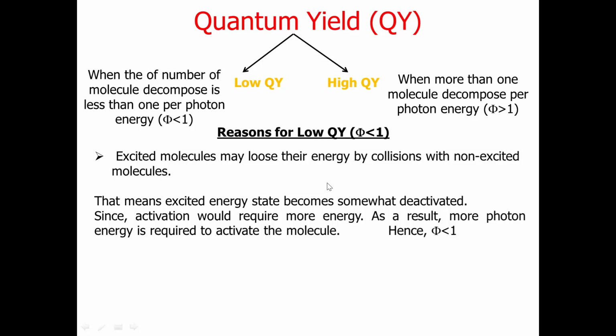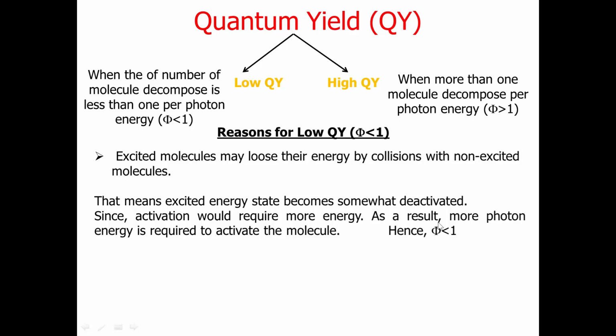As a result, more photons are required to activate the molecule. You can understand it this way: if in the excited state the molecule loses its energy, then it can be deactivated. When the molecule deactivates, it has to be activated again, so some energy must be provided, and all of you know that energy is in the form of photon energy.